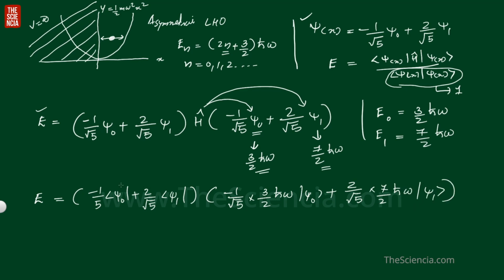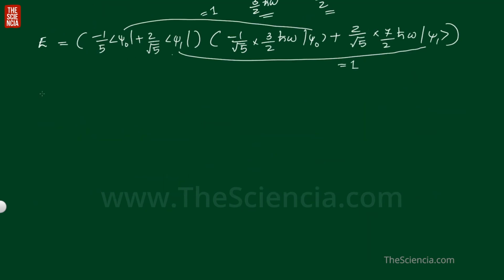Here again, the scalar product of these two will be equal to 1 and these two will be equal to 1. And all other combinations will be equal to 0. Okay. That is, we get E is equal to 1 by 5 into 3 by 2 h cross omega plus 4 by 5 into 7 by 2 h cross omega.